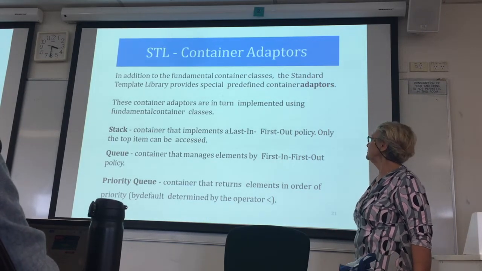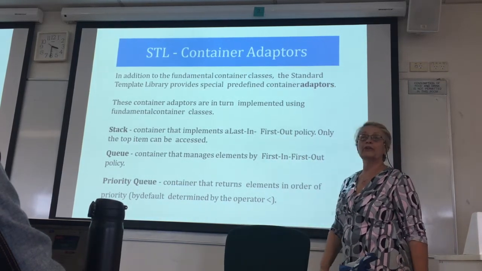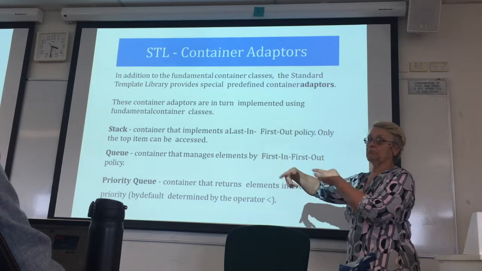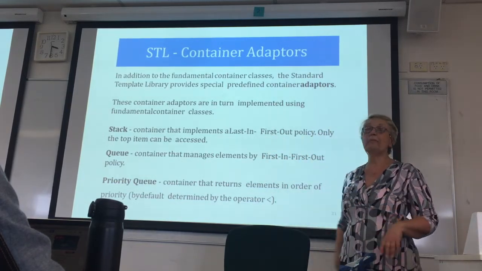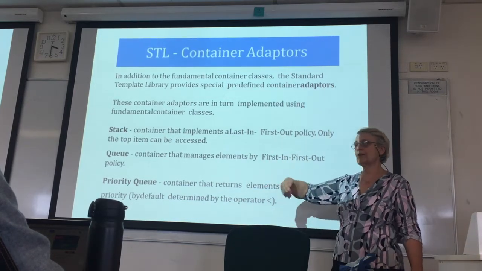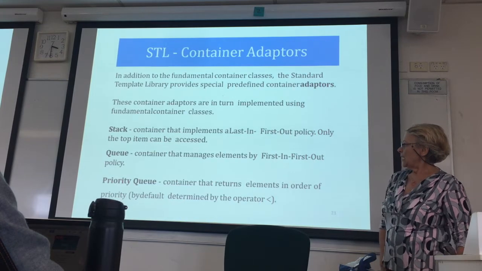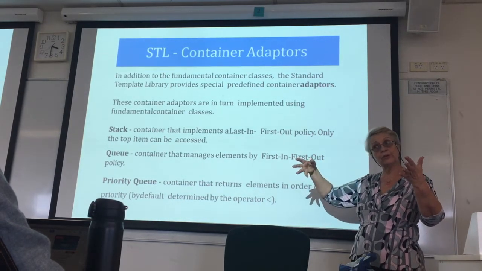For queue, we have the model of a real queue, like you staying in line at a bank. First in, first out. The first customer in is the one who is served. And for a queue, we have different operations.